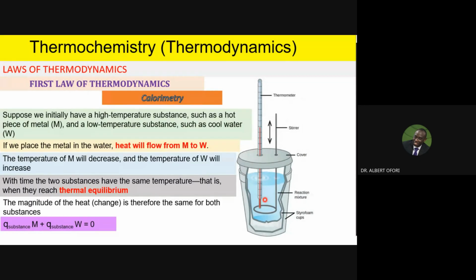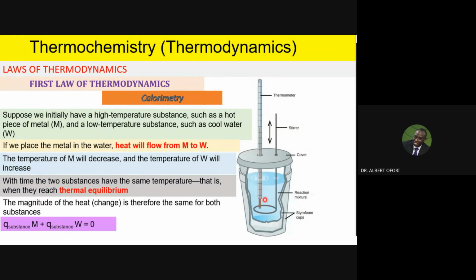So there are differences in the change in temperature, which means there are differences in the flow of heat. Now heat is energy. From the first law, we can't create energy, and we can't destroy energy. So if the metal is losing its heat, the water is absorbing the heat. We can't lose it.